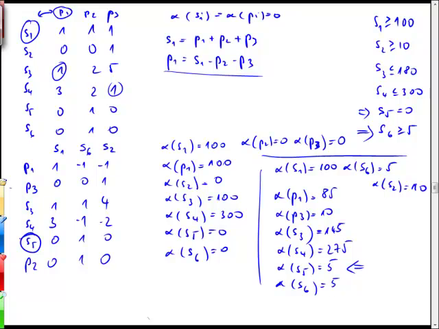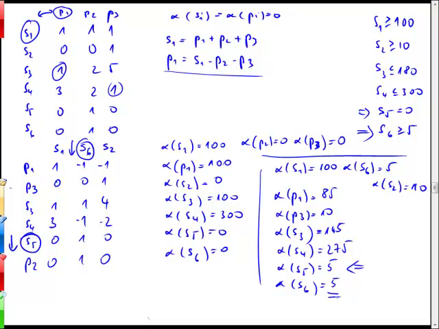The only variable which could be suitable for pivoting is S6, because this is the only variable with coefficient not 0. But S5 is too large, so I should reduce its value. The coefficient is positive. That means I should reduce the value of S6, but S6 is already at its lower bound, so it is not suited for pivoting.